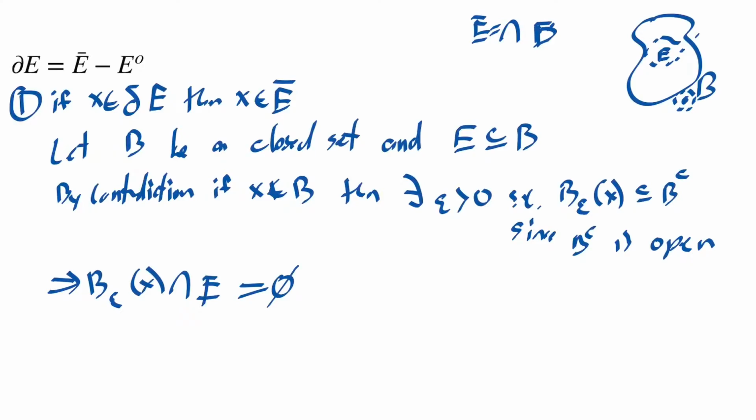So B sub epsilon X intersect E is the empty set, but that creates a contradiction. Let me erase this and make this look a little bit nicer. But that creates a contradiction.